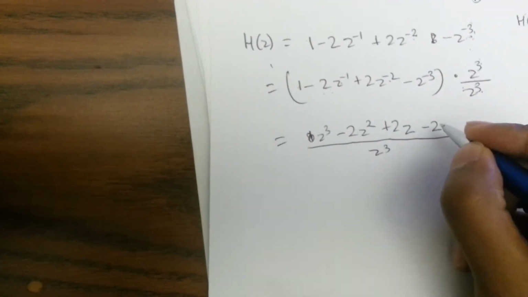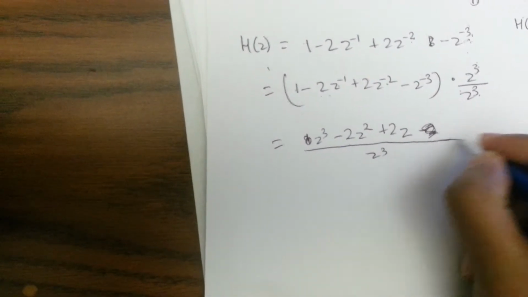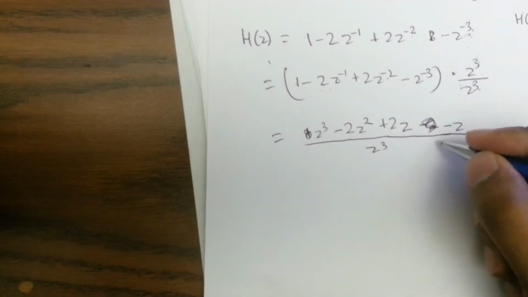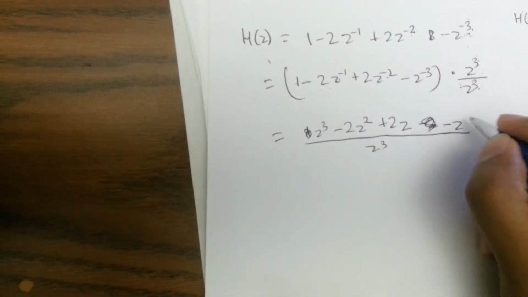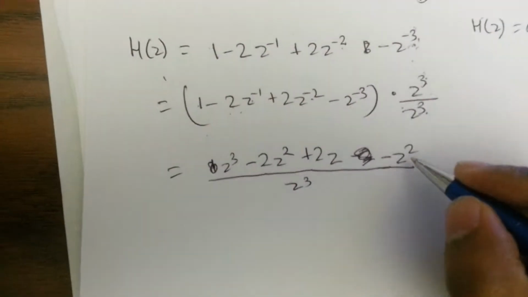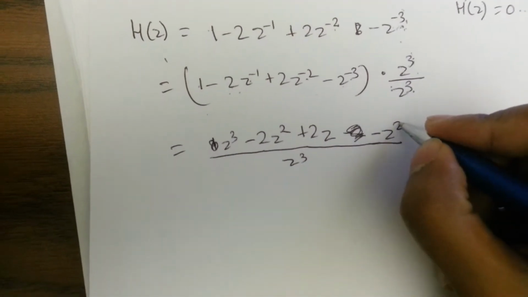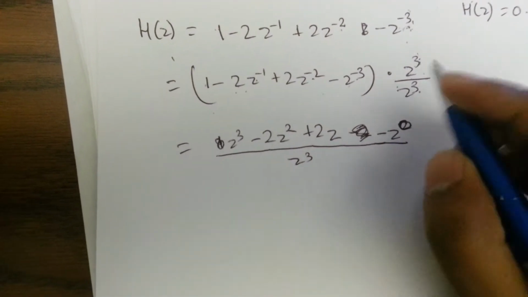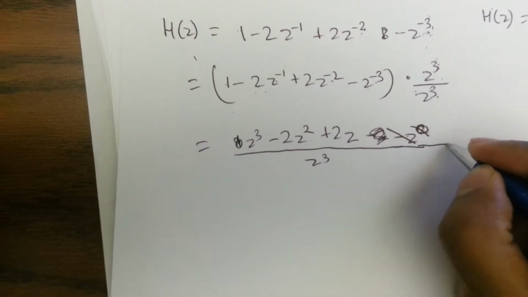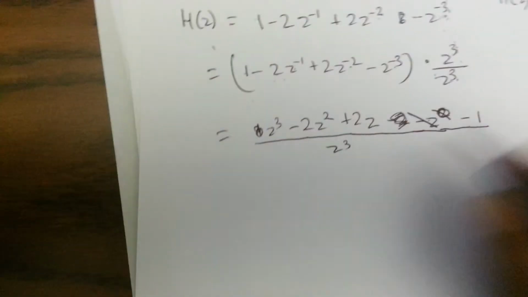Then for the last term, minus z to the minus 3 times z cubed: minus 3 plus 3 is really 0, and anything raised to the power 0 is 1, so we can just call this minus 1. So this is what we will get.